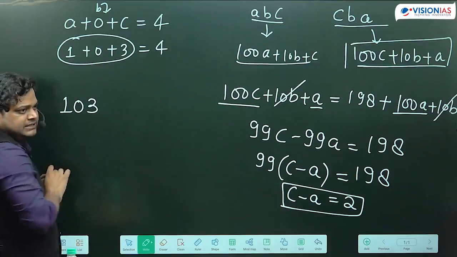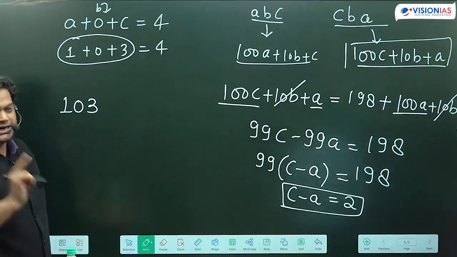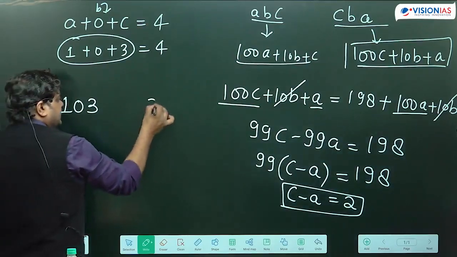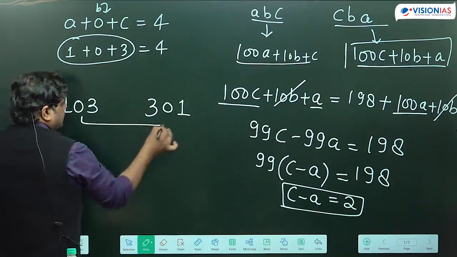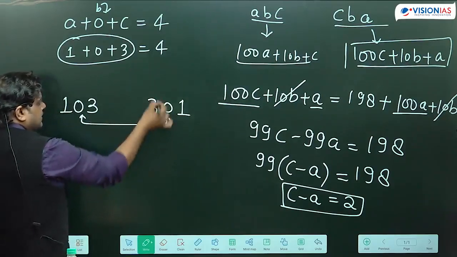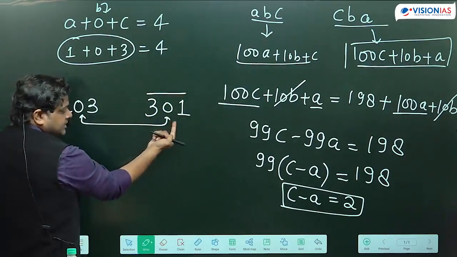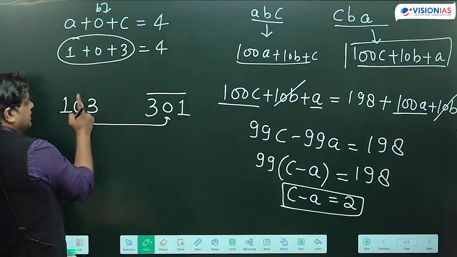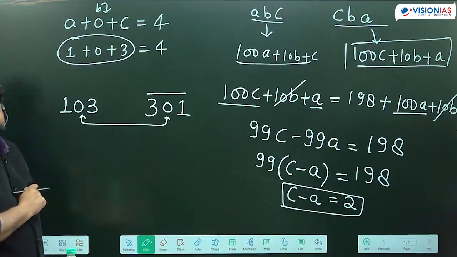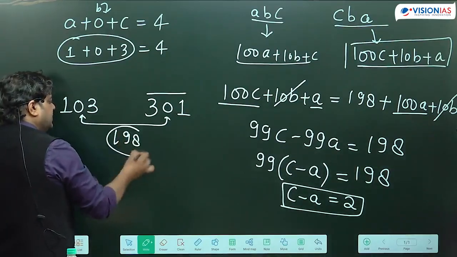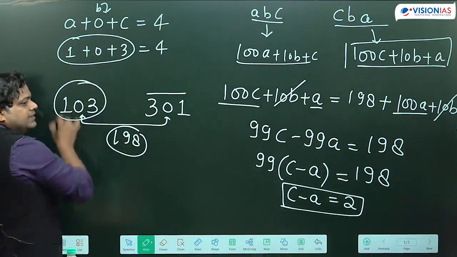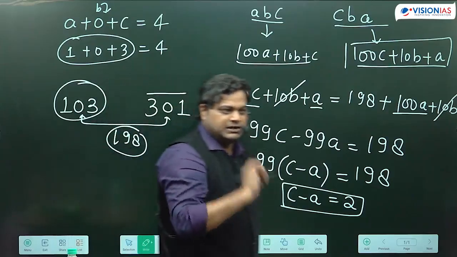It is a possibility. We need to check with the second statement. If we reverse the digits, we are getting 301. Is this 301 198 more than 103 or not? We can say yes, the difference is coming 198. That means this is the number which we are looking for.